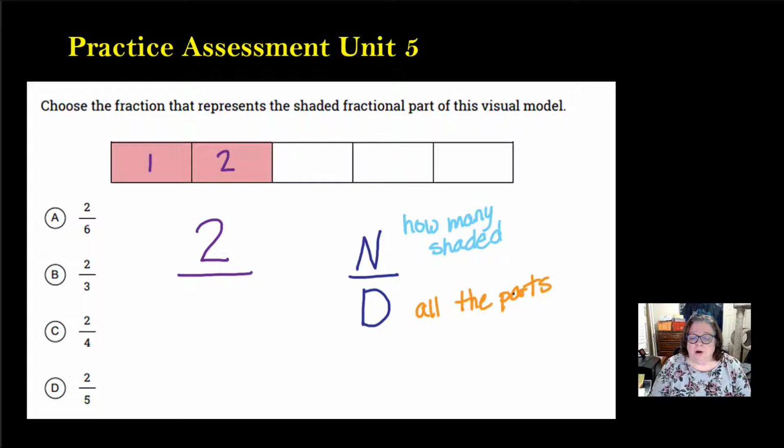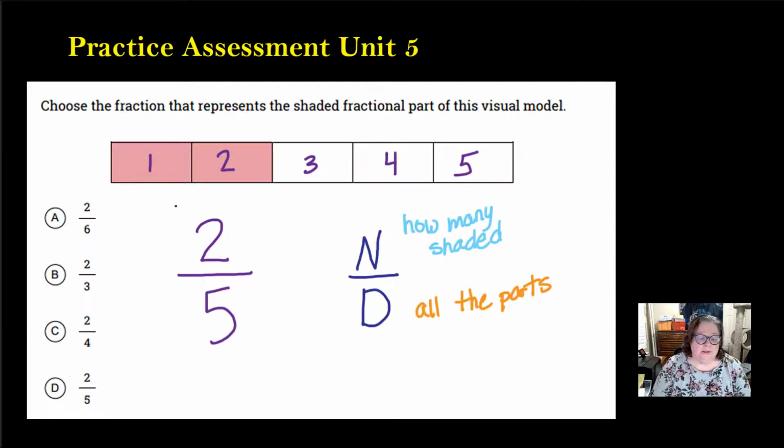The denominator is all of the parts, not just the shaded parts, not just the unshaded parts, but all the parts together. We've already counted 2, so let's just keep on counting. 1, 2, 3, 4, 5. So 5 would be our denominator.